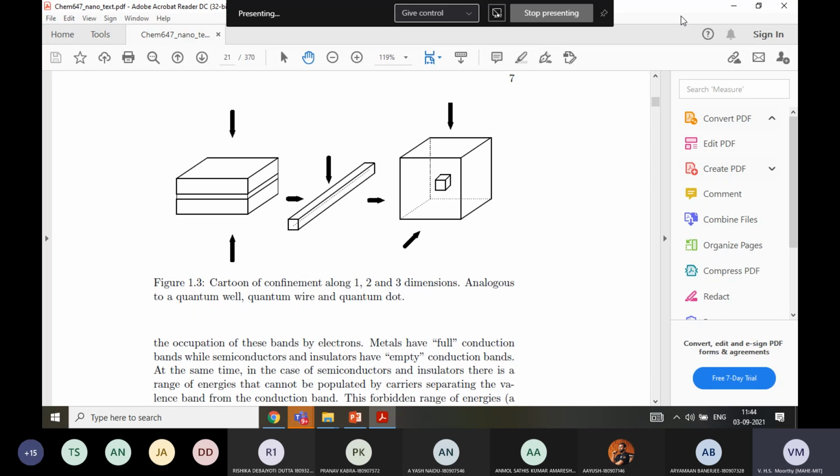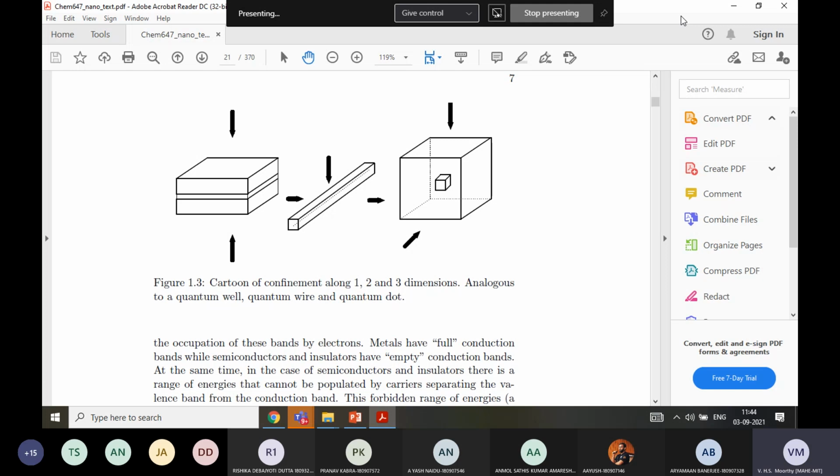The criterion is that out of three dimensions, at least in one dimension, it should exhibit quantum mechanical behavior. So depending on the material and the property we are discussing, we have to define what is called a nanomaterial, the nano length scale.